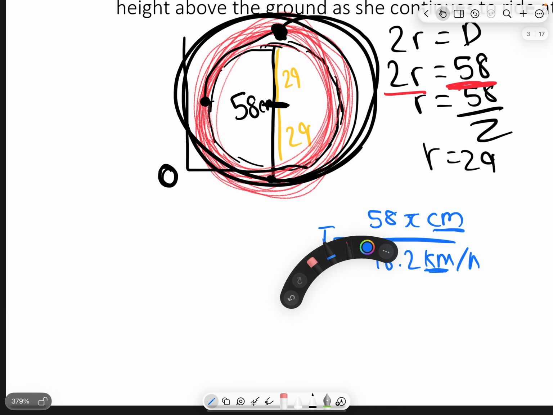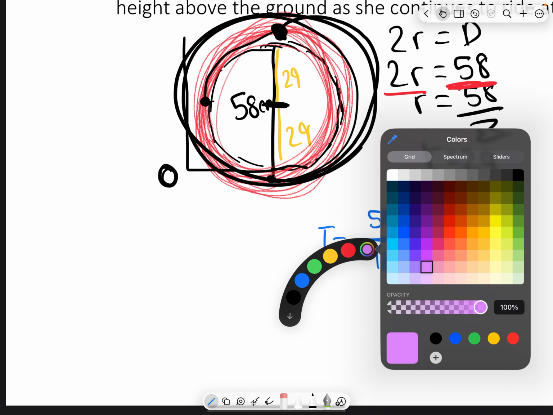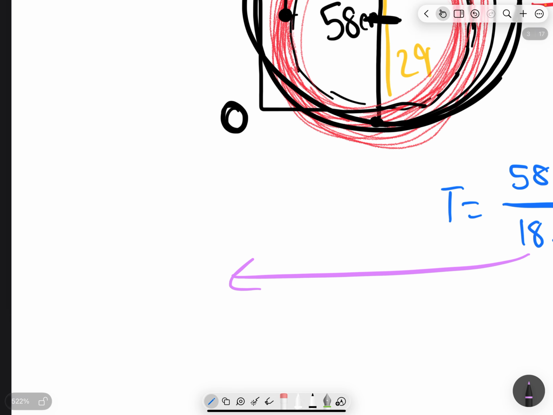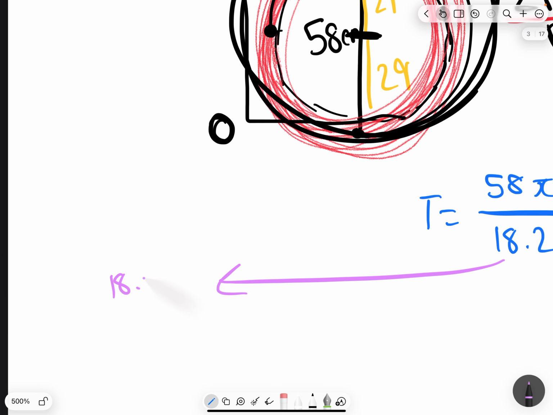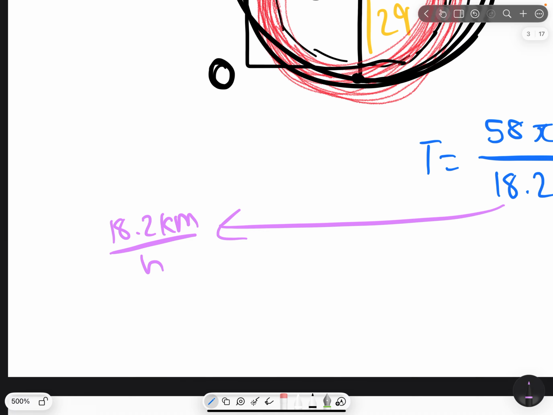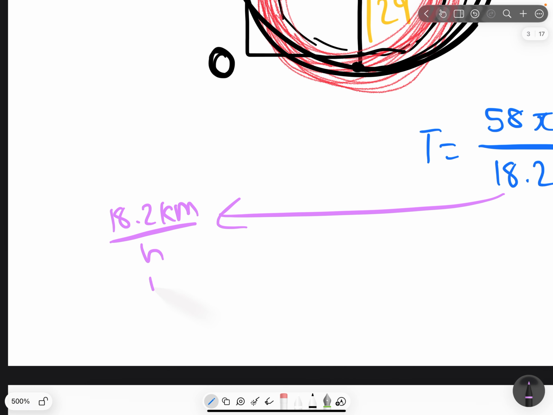So we could solve this separately here. We can bring this here. We could do 18.2 kilometers per hour, right? We know one kilometer is 1,000 meters, so we could do 18.2 times 1,000, that's going to give us 18,200 meters over 1 hour.